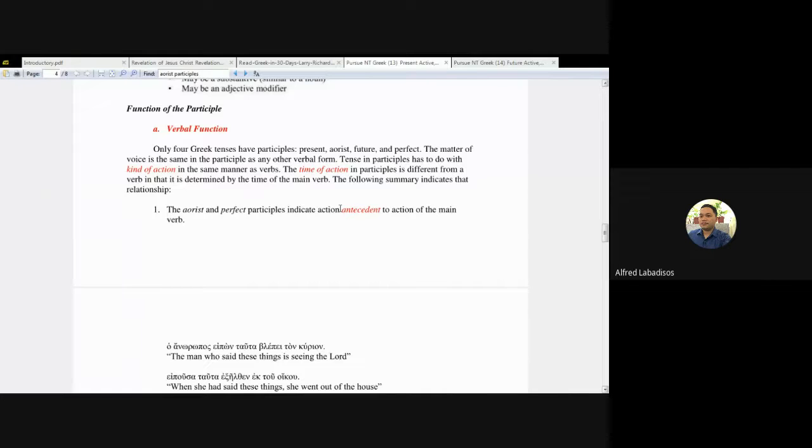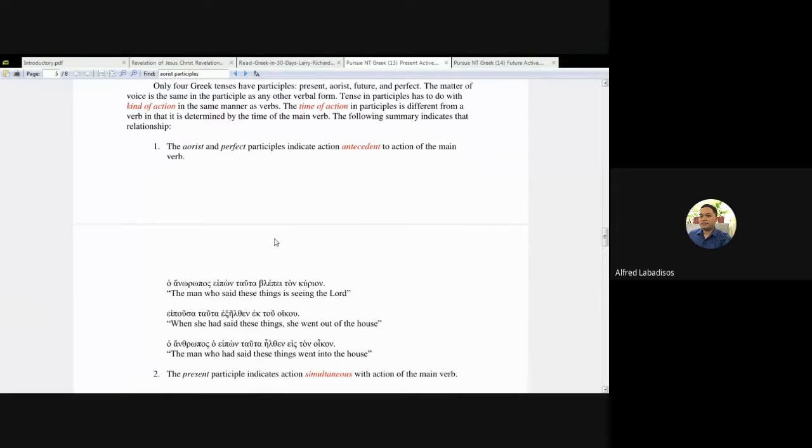So the aorist participles and the perfect participles indicate antecedent action. It means that their action happens first, before the action of the main verb happens.